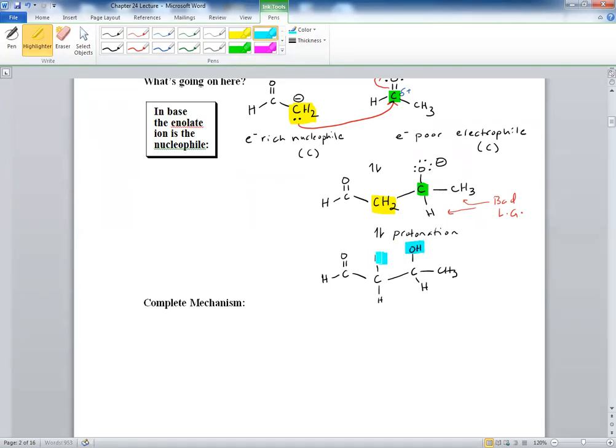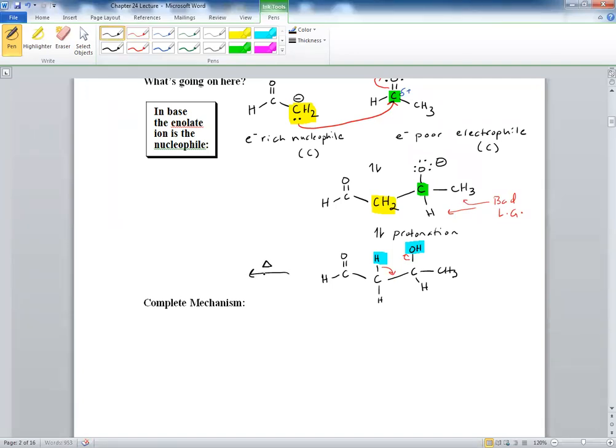Notice that what I am highlighting is essentially water, right? So I'm going to show you that if this leaves, we're going to show you the mechanism in a sense, but there's a double bond forming here. This is breaking.